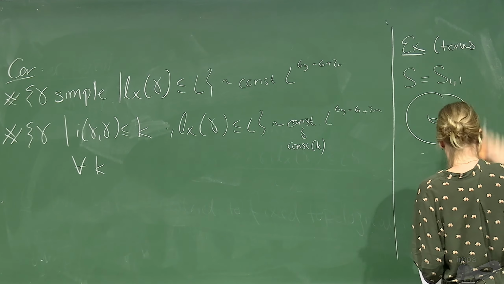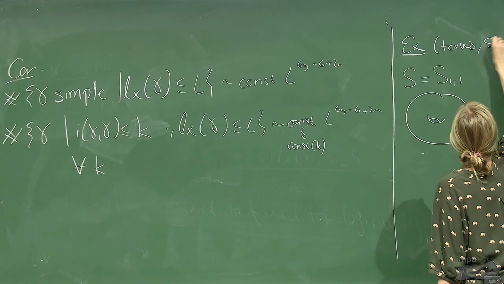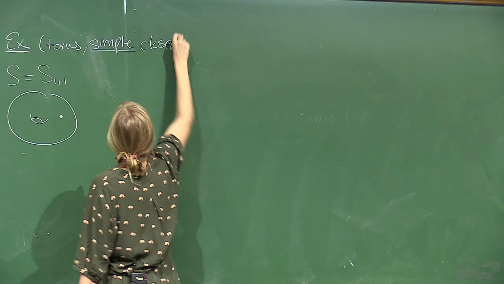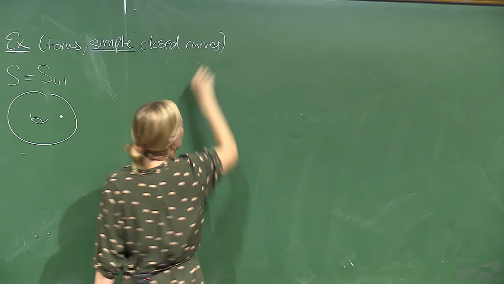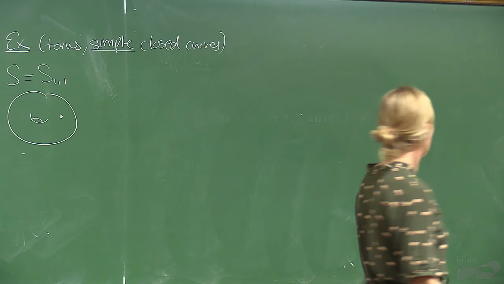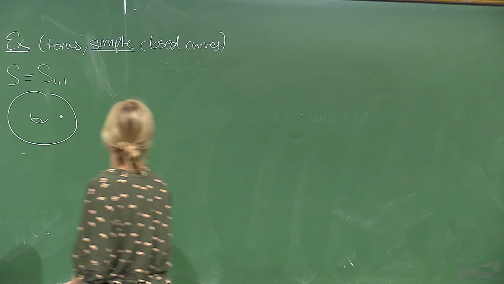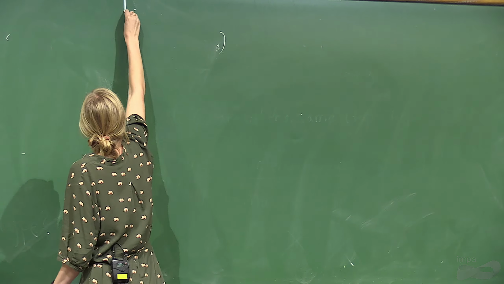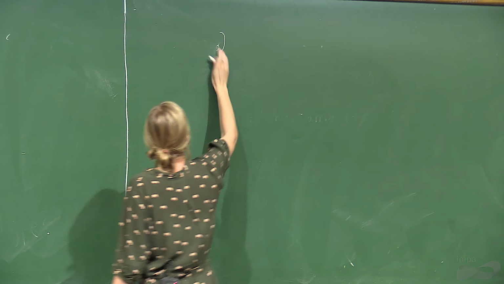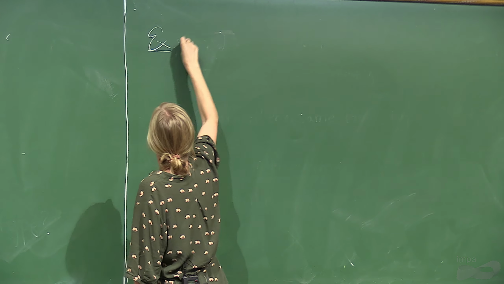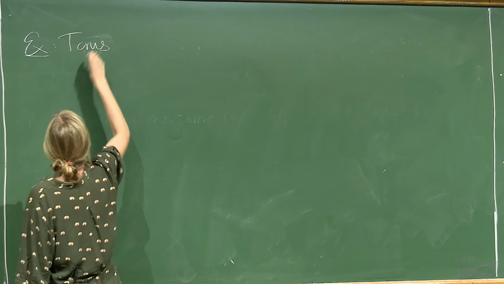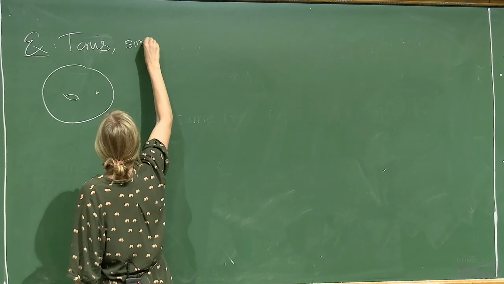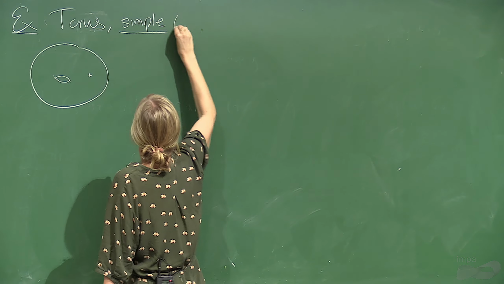So we do an example with torus and simple. Could you respect the lines? Oh, sorry, yeah, of course. I get it. Sorry. So let's look at the torus, and simple, I'm going to call it multi-curves.